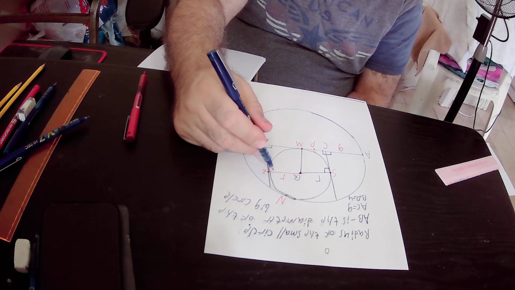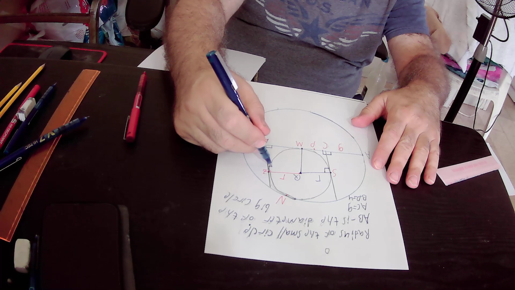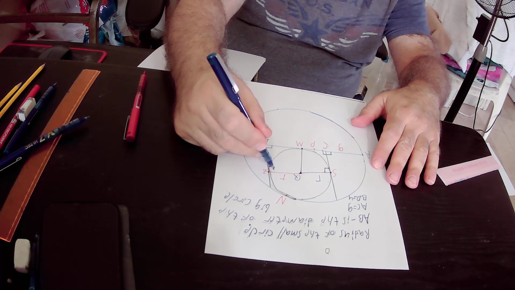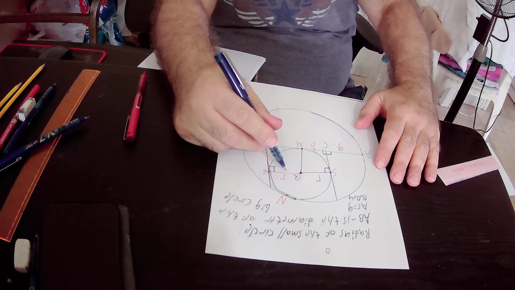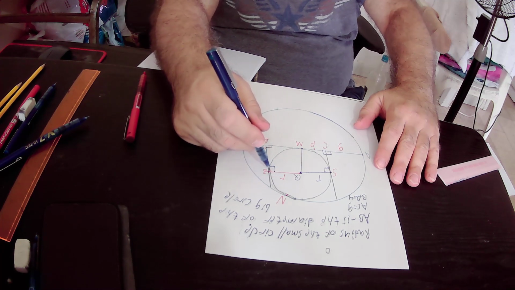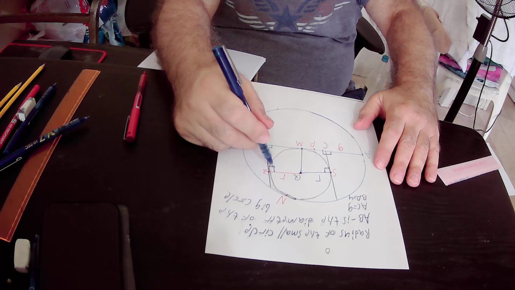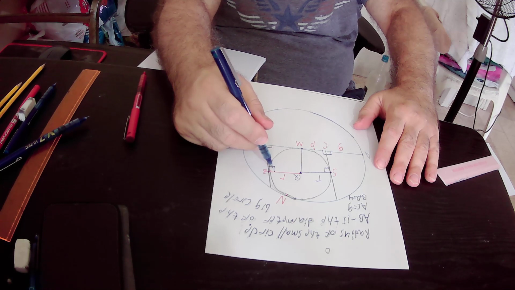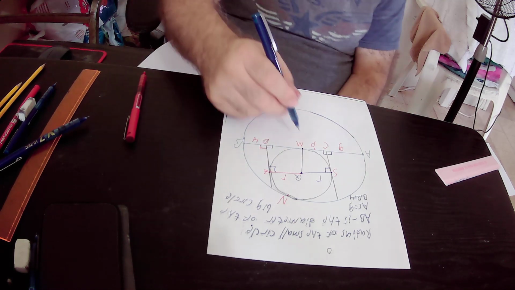So this angle is a right angle. It equals 90 degrees. Again, because the radius is drawn to the launch point, the tangent is perpendicular to the radius, so this angle is a right angle, it equals 90 degrees.